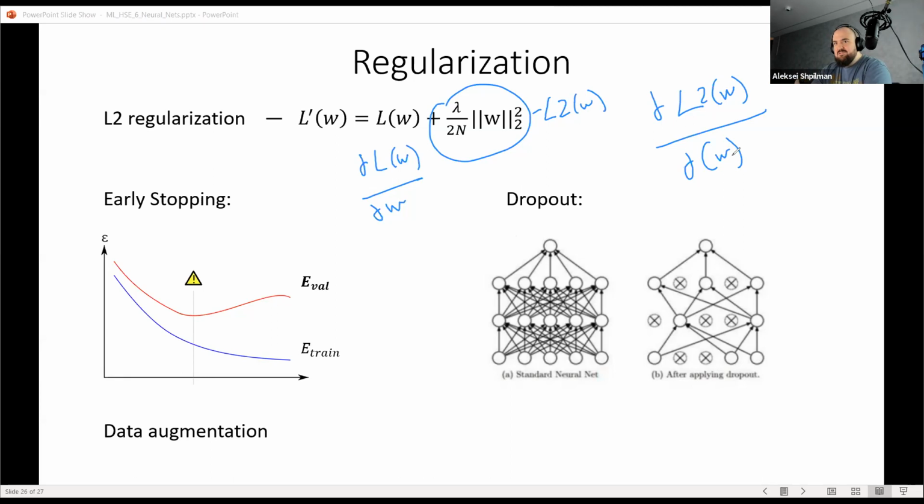Well, just that vector, times 2, more or less. So if we take the negative, if we have that vector W, then that gradient will just point towards 0. Correct?